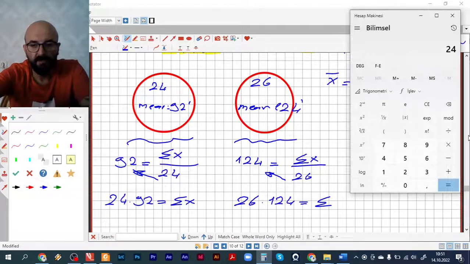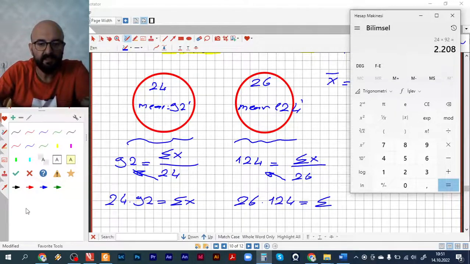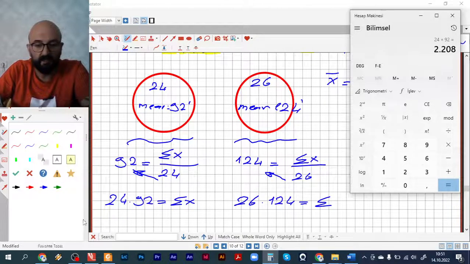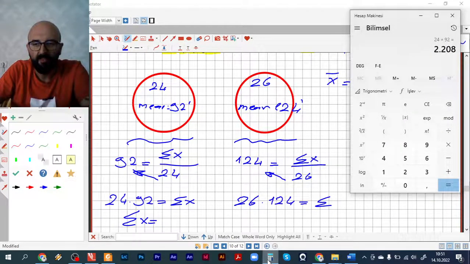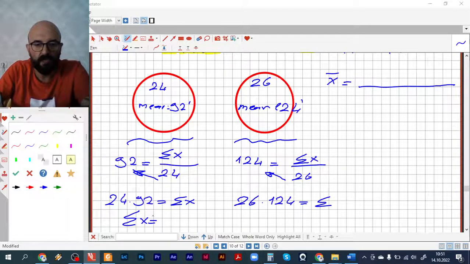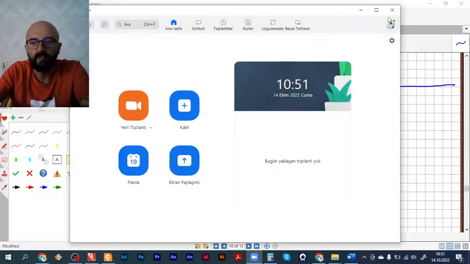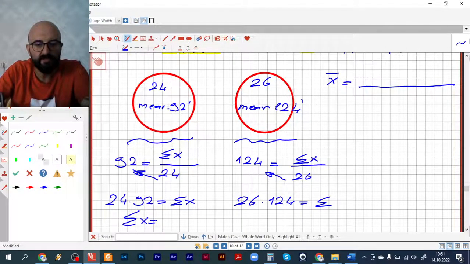24 multiply 92 means the total playing time is 2208.